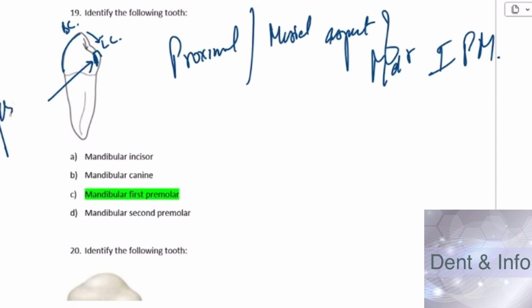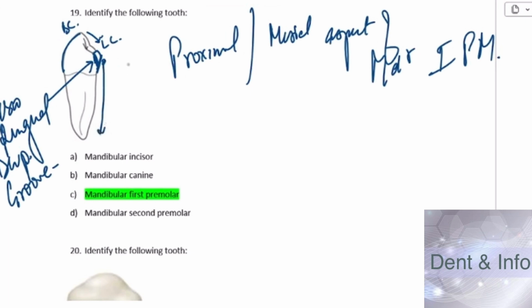We call this the mesiolingual developmental groove, one of the identifying features for this. And also we are seeing here that there is a slight lingual tilt. Look at this. So this part of the crown is unsupported by the root. This part of the crown is called lingual overhang.